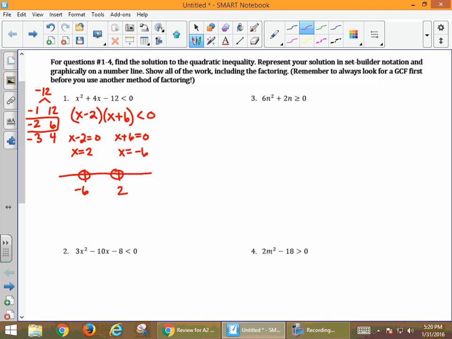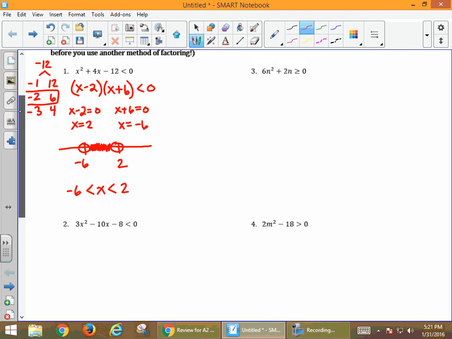So I will color in between negative 6 and positive 2 because 0 worked. The set builder notation for this looks like x is between negative 6 and 2. Notice that there are no equal signs on those inequalities.